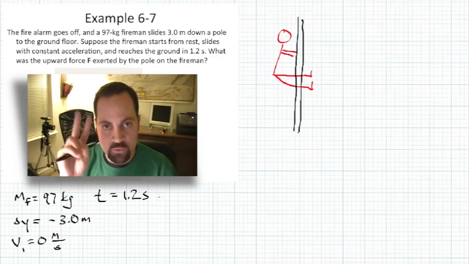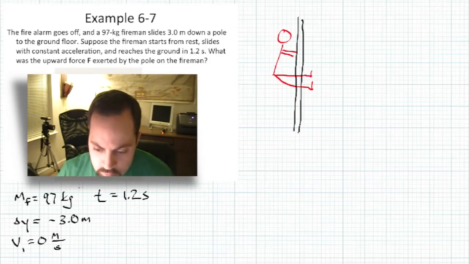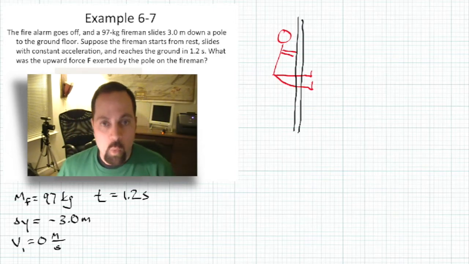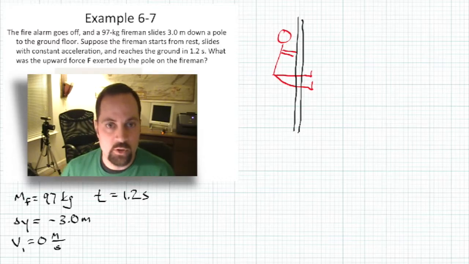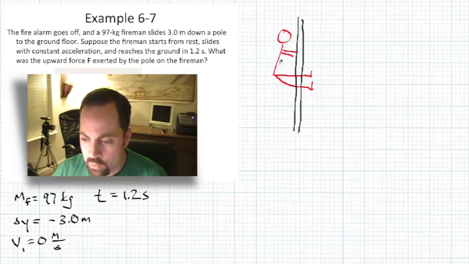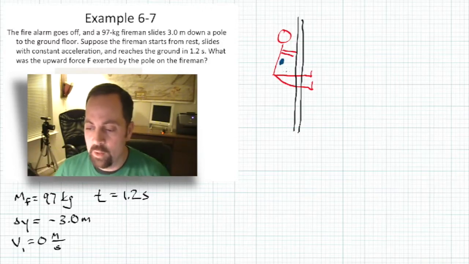So we have two forces really acting on our fireman right here. Let me start some other colors here. The one force is created as a function of his mass being accelerated by gravity. So I'm just going to take this point right here and pretend it's like his center of gravity point.